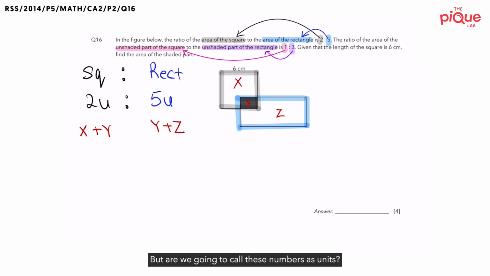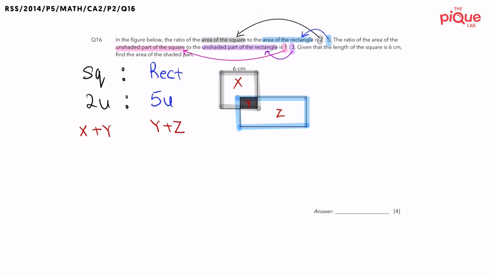But are we going to call these numbers as units? We are not going to do that, since units has been used in the first sentence for our grey square and our blue rectangle. So, the ratio 1 to 3 simply only refers to the unshaded parts that are equivalent, and it has no relationship to the square nor the rectangle, yet.